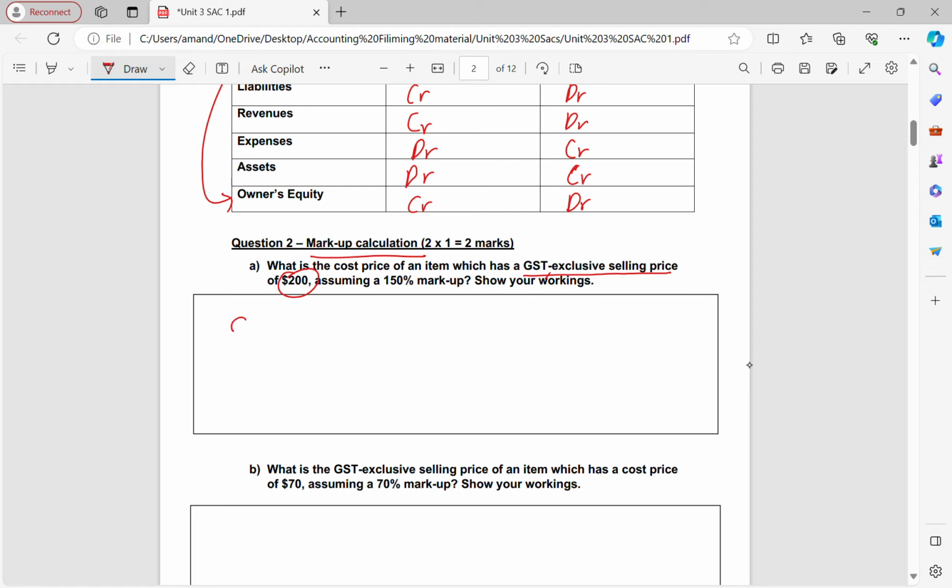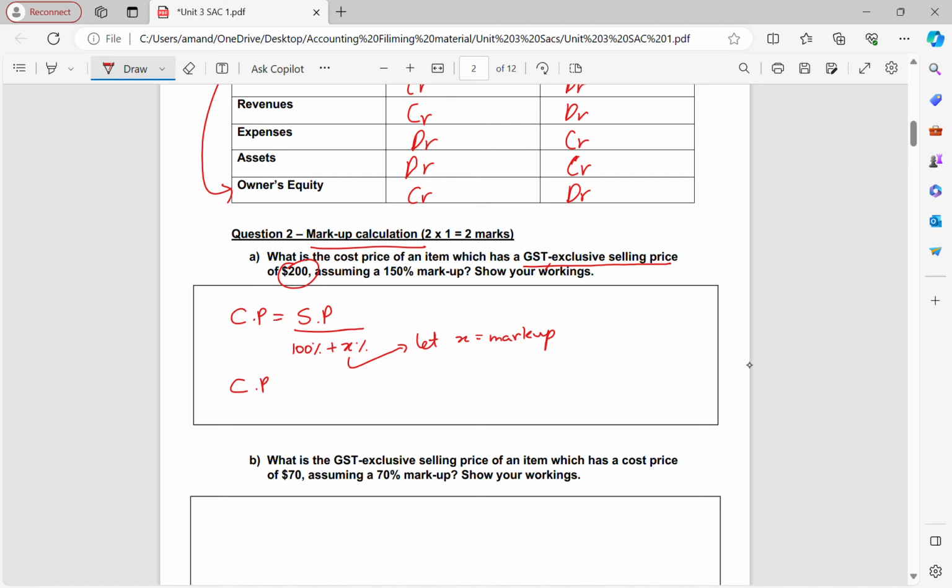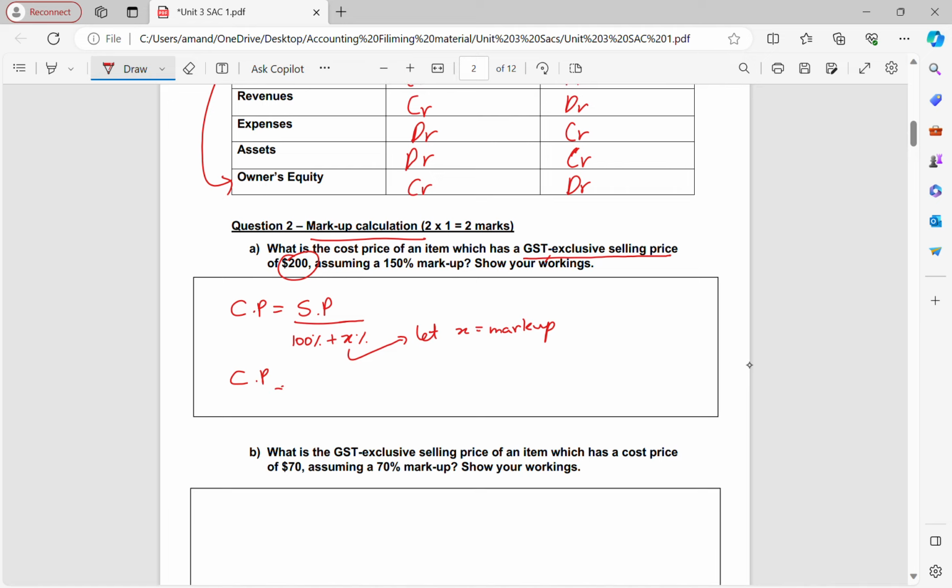Here we simply apply the formula, which is cost price equals selling price over 100% plus X percentage, and we let X equal markup. This is a really simple way of doing it if you don't want to use your brain much, and just follow a formula. Whoops, sorry, still getting the hang of this stylus on my laptop.